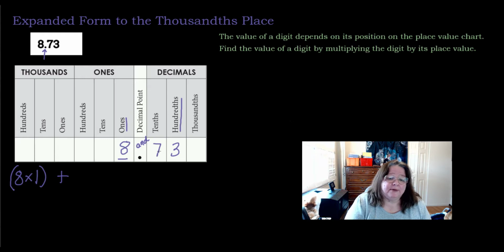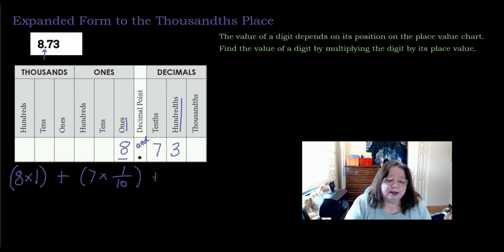And so now we have 7 tenths. Its position is in the tenths. So we are going to do 7 times 1 tenth. Okay, 7 multiplied by 1 tenth.